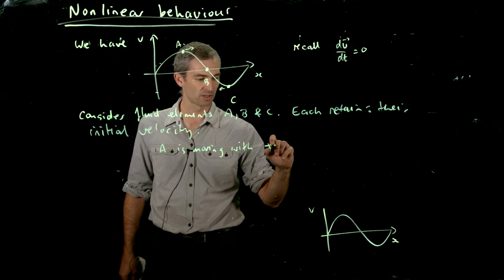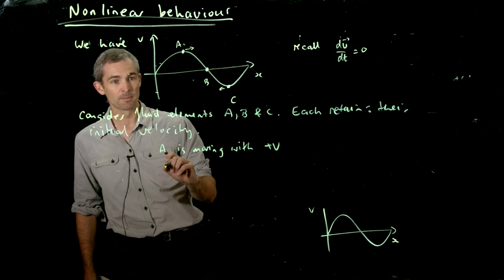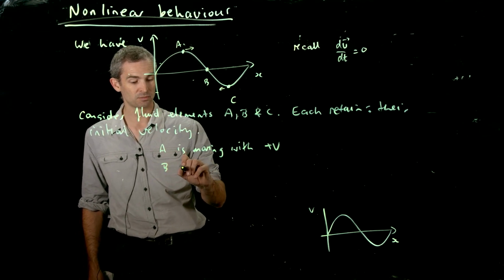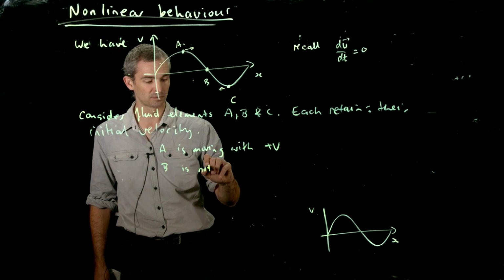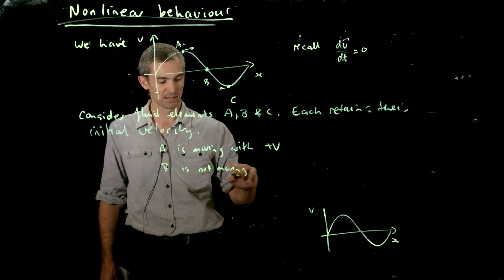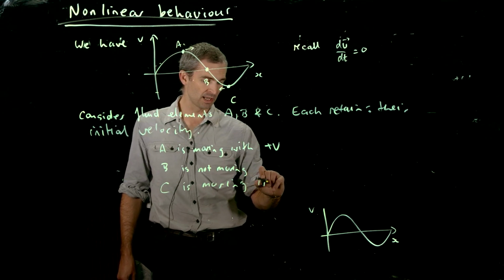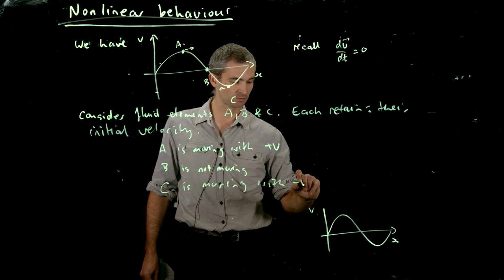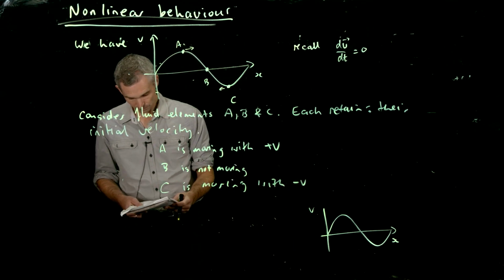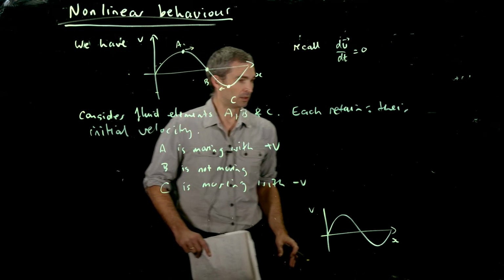So this is just recapping what we just said. B is not moving. And C is moving with a negative velocity, minus v.